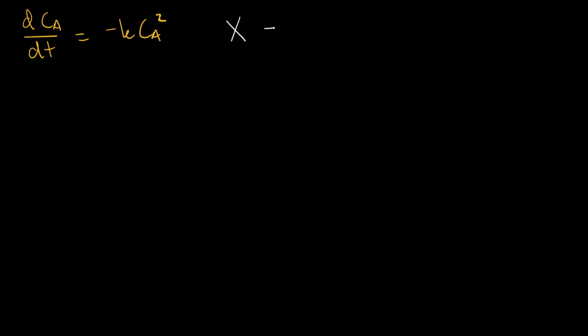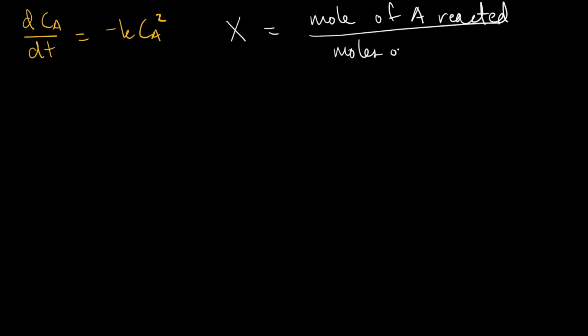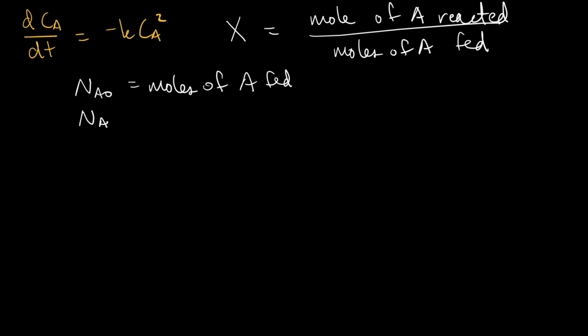Our conversion x is equal to the number of moles of A reacted divided by the moles of A fed to the reactor. So moles of A fed to the reactor is going to be equal to Na0. Na, this is the number of moles in the reactor at a certain time.